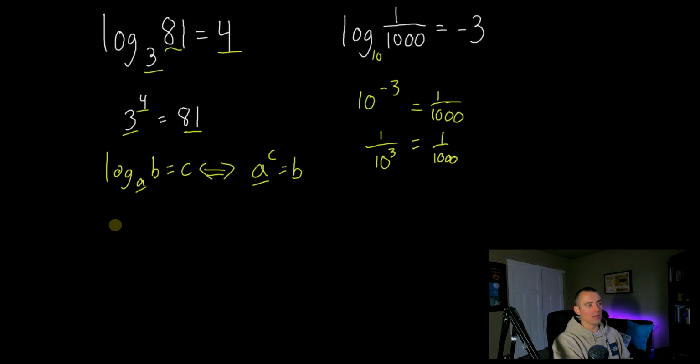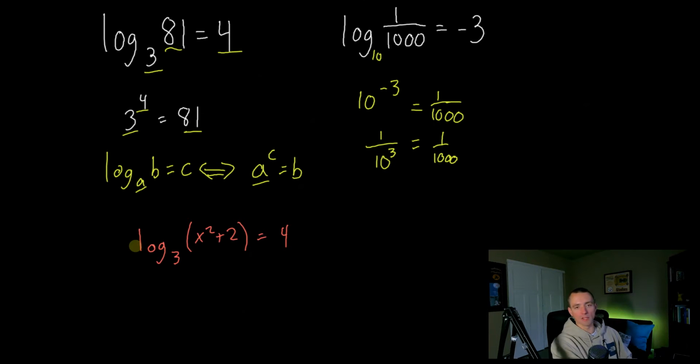The reason this is really helpful is because if you had an equation like, for example, log base 3 of x equals 4, and I know this is coming directly from the earlier example, but you can see the use in this situation. If we have log base 3 of x equals 4, we can use this conversion to get this into a form where we can actually find x. If you ever have an equation that has log base something of something with x in it, the same idea would apply if we had log base 3 of x squared plus 2 equals 4.